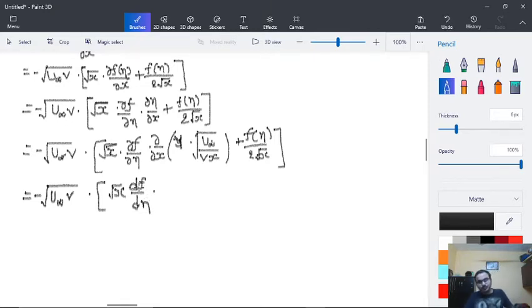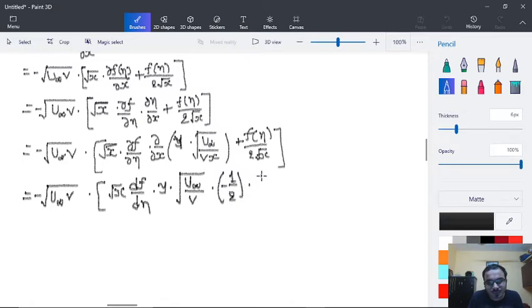Here the only variable is the square root of x, so we can take the constant terms outside: y into the square root of u infinity divided by nu, into the differentiation of 1 divided by the square root of x, which will be minus 1 by 2 into 1 divided by x square root of x, plus f of eta divided by 2 into the square root of x.